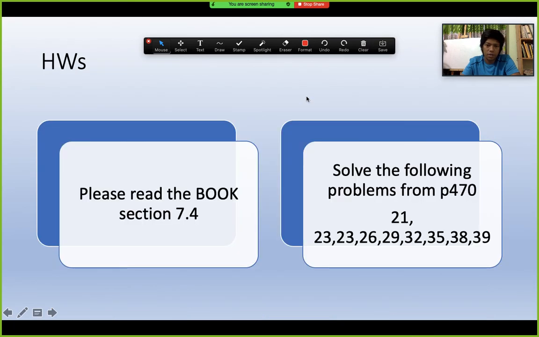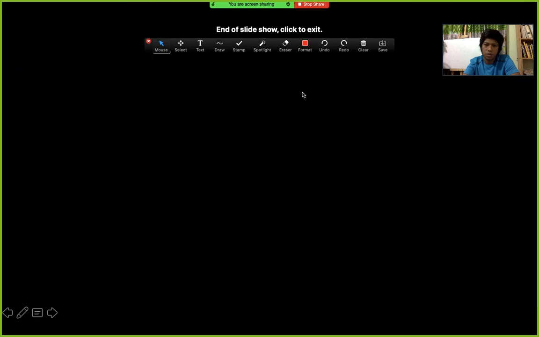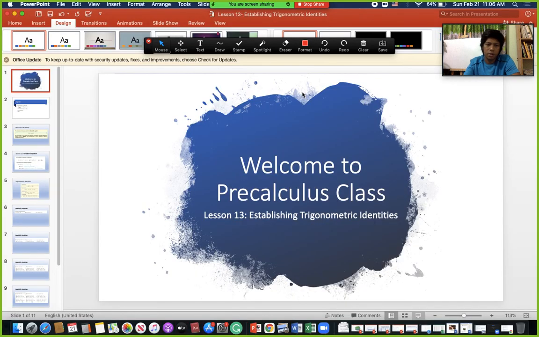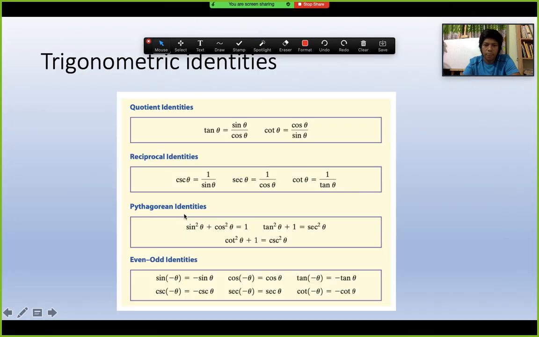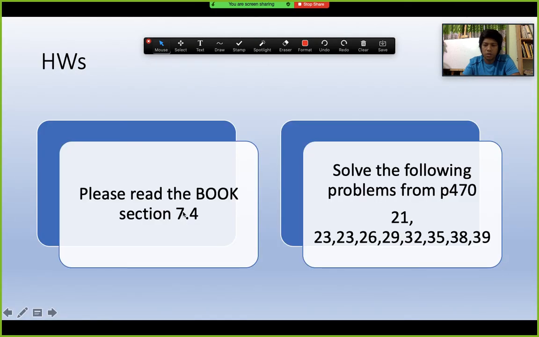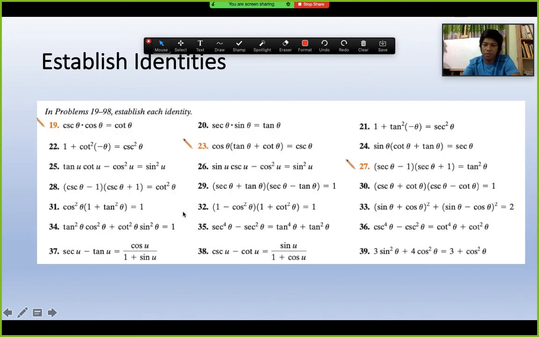In general, let me go back. The general strategy, for simplification, is to think about what formula you have and what we can do to go back to this kind of thing. Always you have to look at the right side, because that is where we are going.